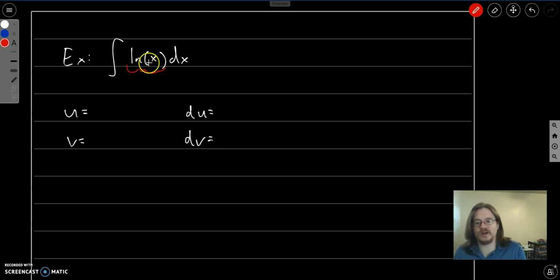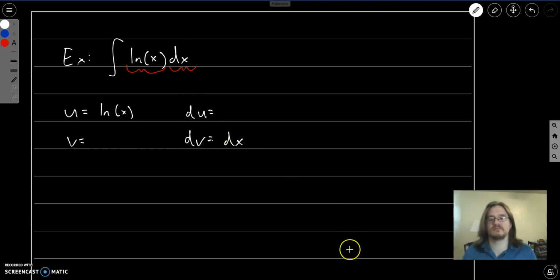We've got the natural log of x as one function, and then the dx is going to be another differential in here. So for the u, I'm going to say that that's going to be the natural log of x, and the dv is just going to be dx. Maybe the best way to write this would be 1 dx, rather than just dx by itself.